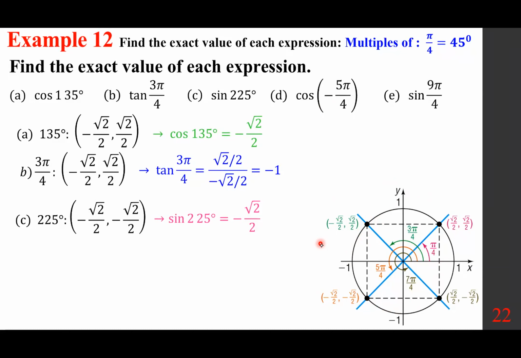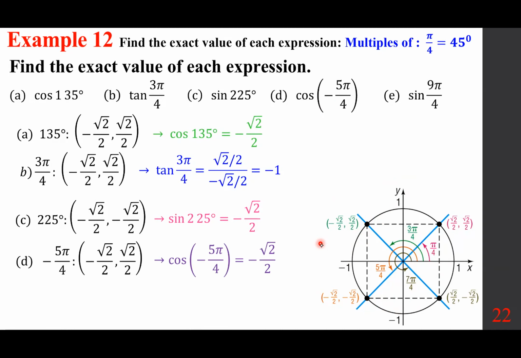Cosine is negative, so it gives you minus square root of 2 over 2. 9 pi over 4, I hope you realize this is 8 pi over 4 plus pi over 4. So it's a complete revolution. And then we add pi over 4. So this is the same as pi over 4. You want sine of it, sine of pi over 4 is square root of 2 over 2.